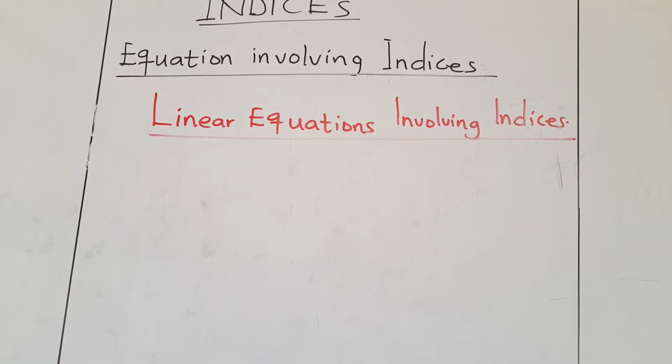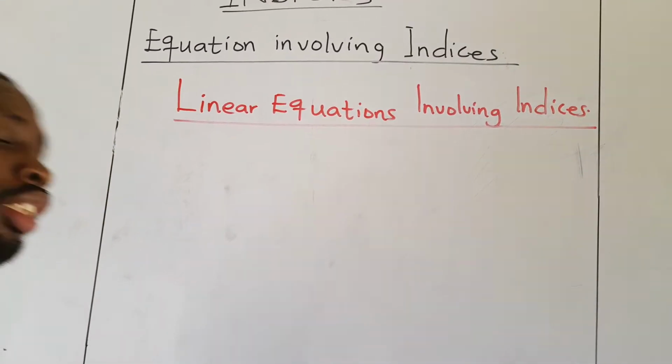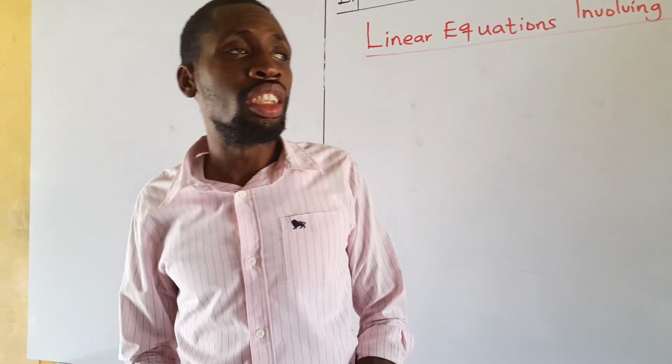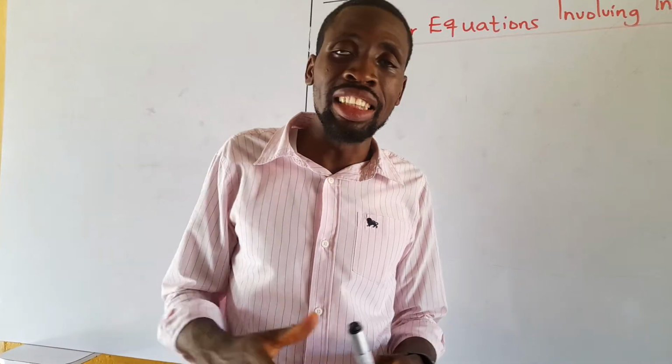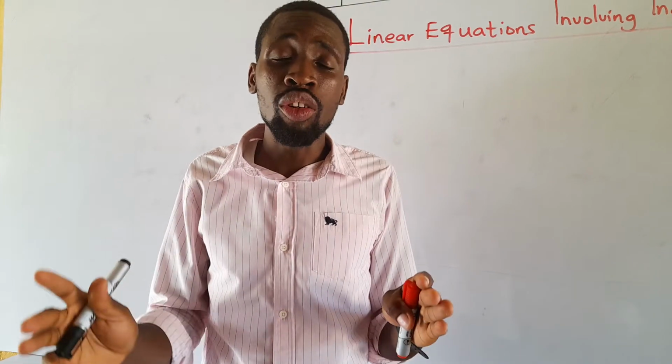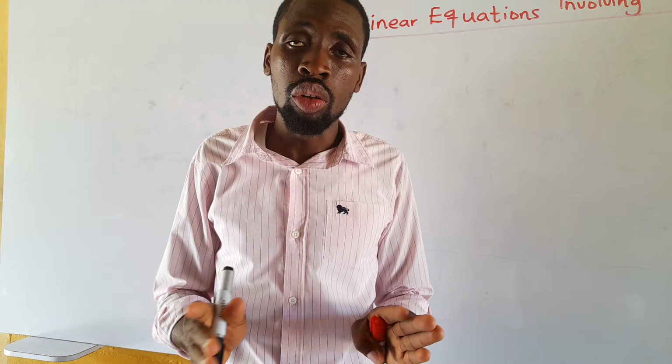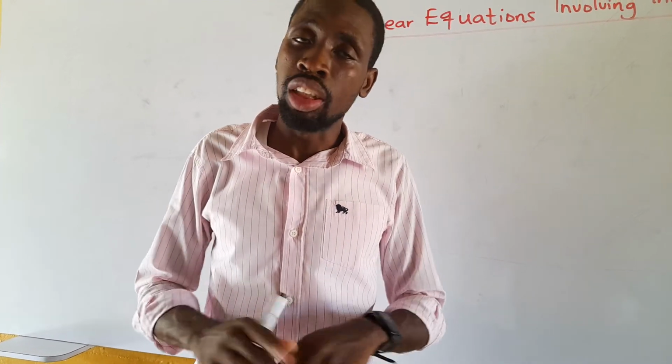So we start things off with linear equations involving indices. This employs an idea that if the two sides of an equation have the same base, then we can equate the exponents. It's as simple as that.